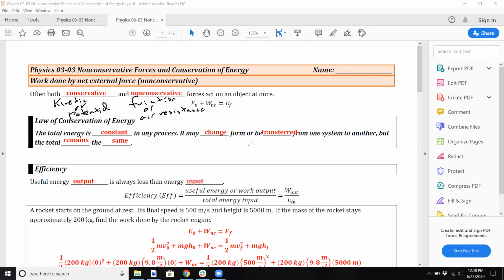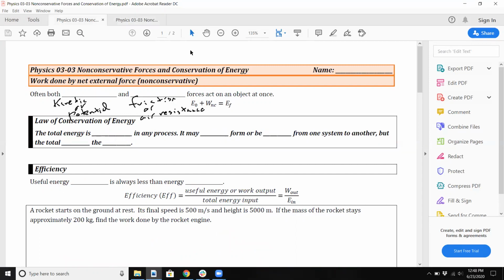But let's now go to the blank version and clear. So again, often both conservative and non-conservative forces act on an object at once. Total energy is constant in a process.